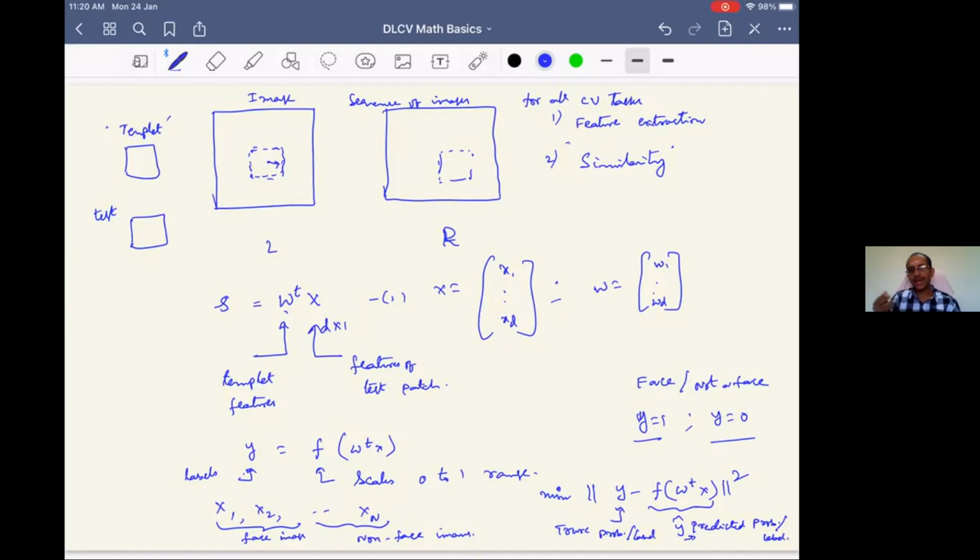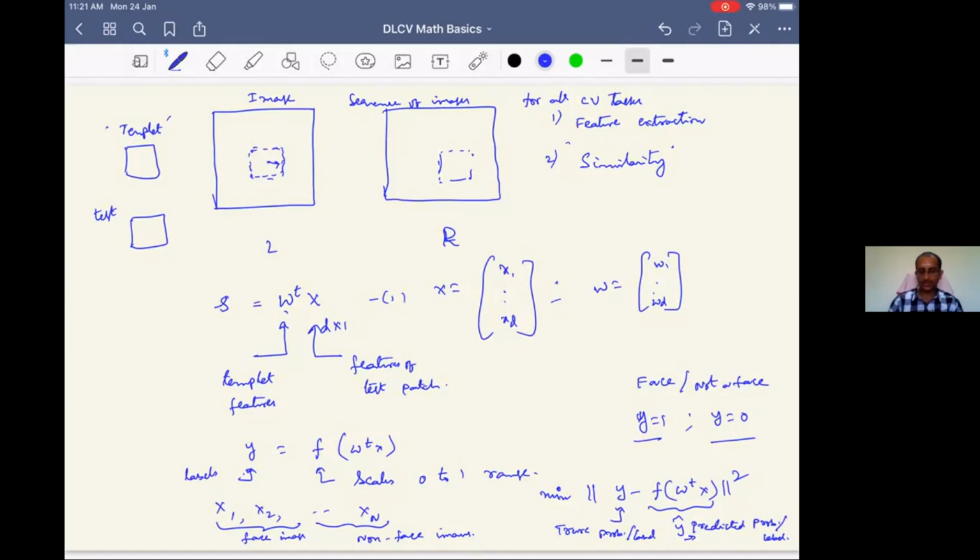Here you can see that Y hat may range between 0 and 1. 0.8 may come, 0.2 may come, and so on, because it's a real value between 0 and 1. It gives how close we are to the positive class or to the negative class.